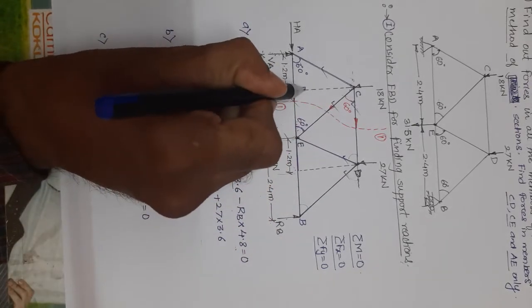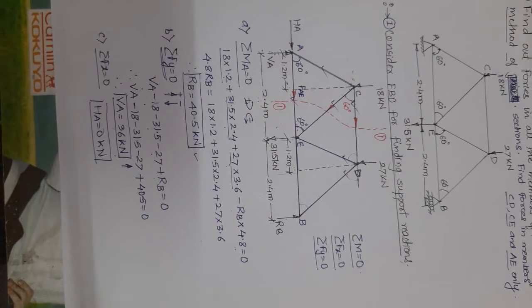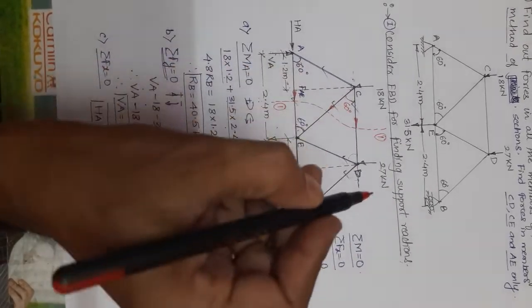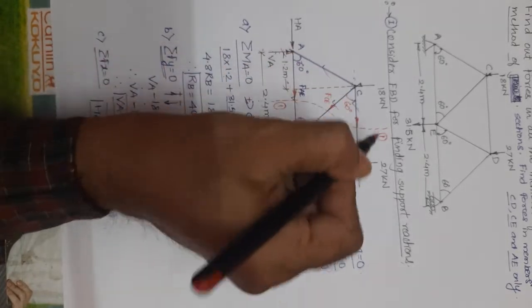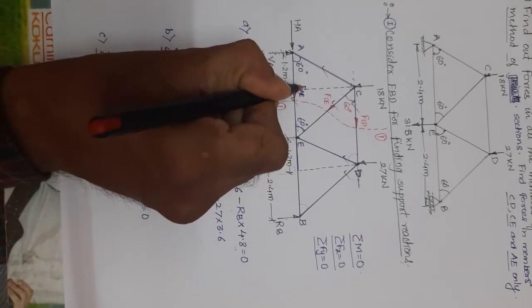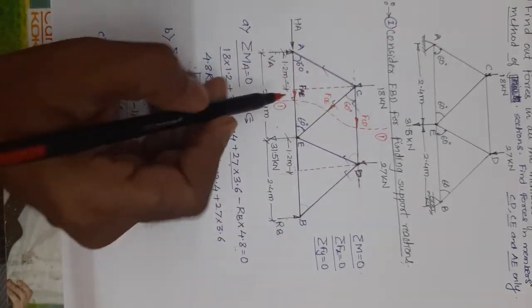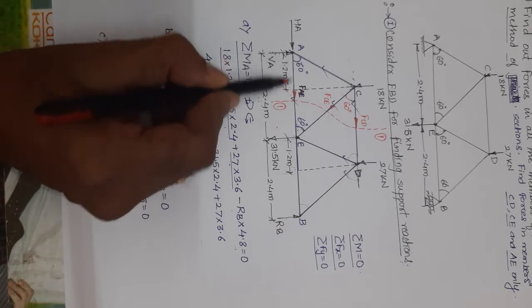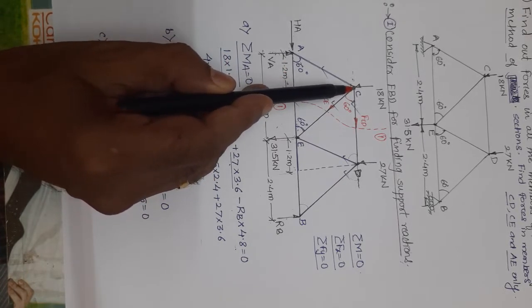This force is FAE. This force is FCE, and this is FCD. All the three values are asked. So by taking moment about C, I will get the value of FAE directly, because the forces which are passing through C will be 0 here.